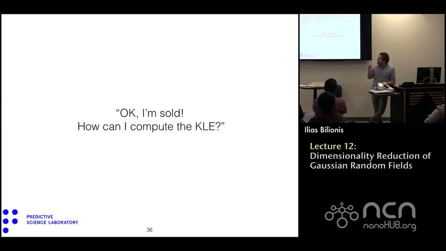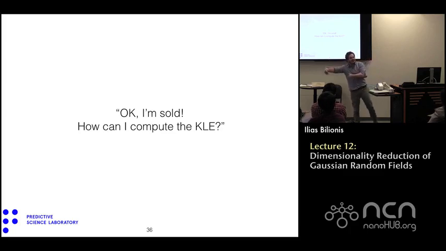But what is the amazing thing is that as soon as you can articulate how your beliefs about the smoothness of the field go into the covariance function, your beliefs about the length scales go into the covariance function. As soon as you can understand this connection, all the rest, we have done it, okay? You just have to turn the crank and get this thing that gives you samples of the field, okay?